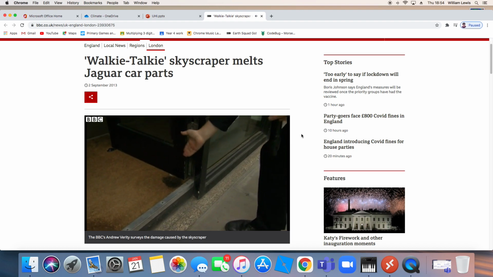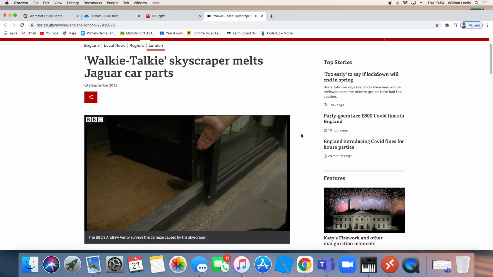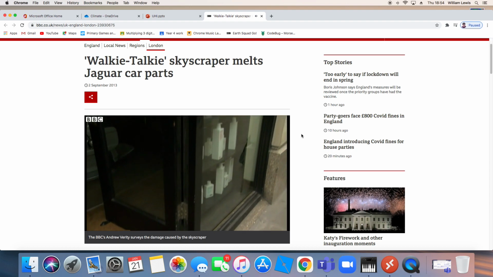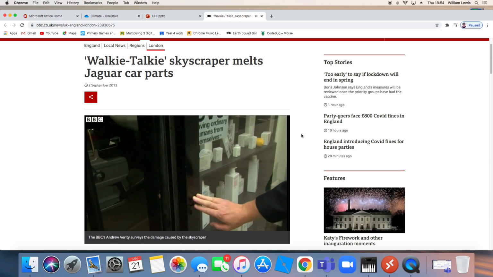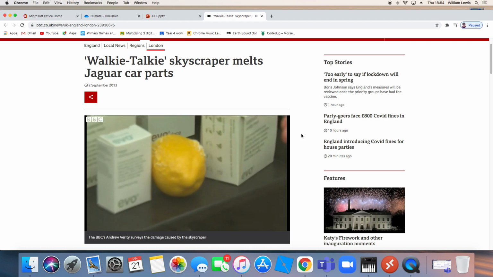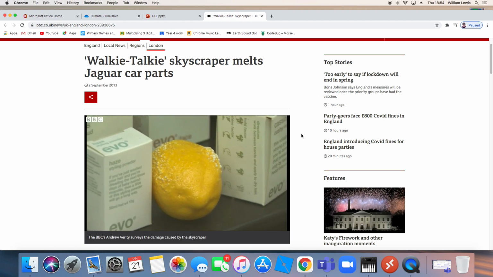You can scorch a carpet, nearly setting fire to it at this local hairdresser on Eastcheap. And have a look here on the side, the paint has bubbled up from the heat. Even the products inside the window have been affected. That's a plastic lemon. You can see the bubbles on it from the heat, from the sunlight.